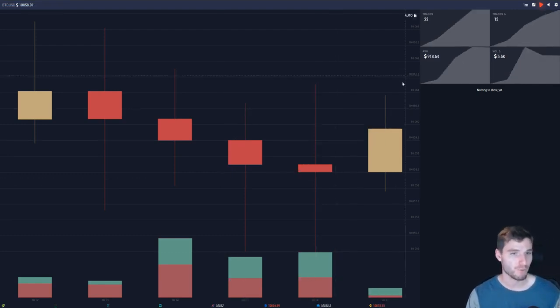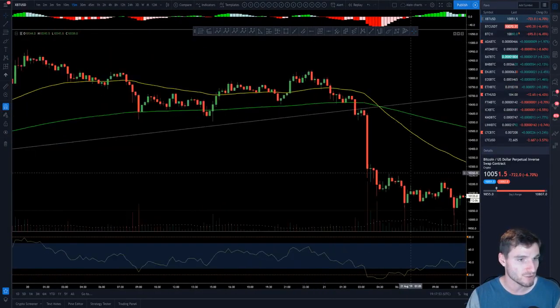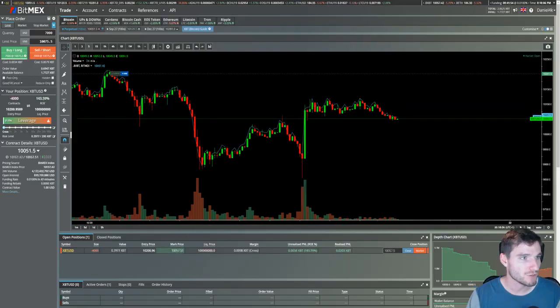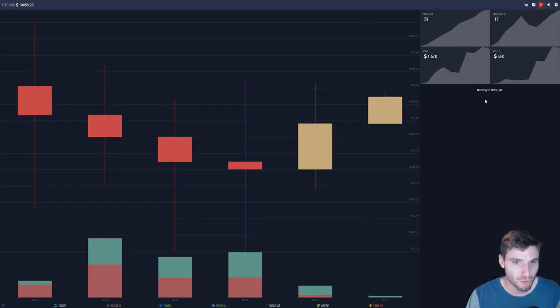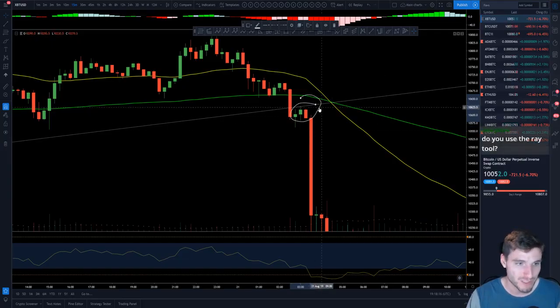For example, when price lost this level, for added confirmation, I would never base a trade off this, but you can use it as confirmation. If we were looking to go short here and we also see many short orders, say big 10 million, 5 million short orders coming in at the same time as when we want to go short, well, that's nice to see.